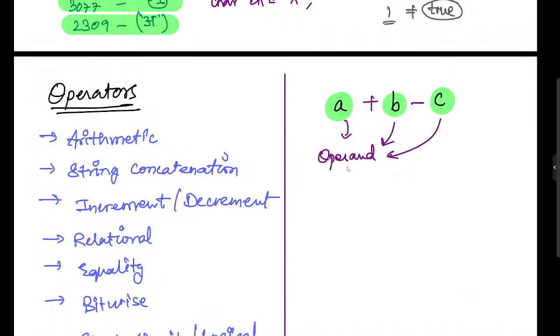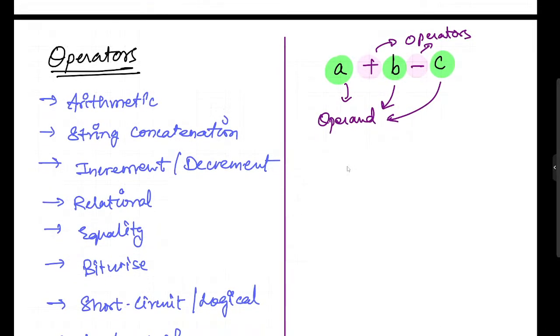In the same way, the remaining things that we have here, minus and plus, these two are known as the operators. If you have a statement like this, this entire thing is known as an expression: A plus B minus C.